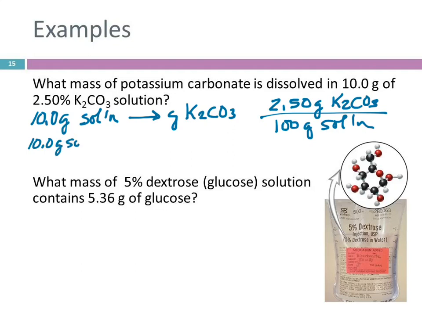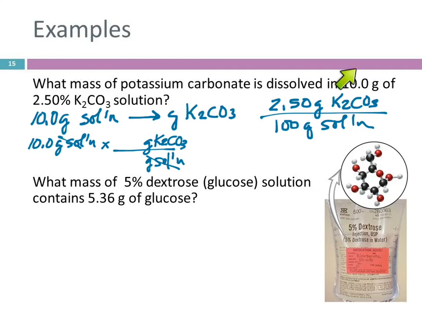So 10 grams of solution. It's important to write grams of what? Because all of these have grams. And if you don't write grams solution, grams solute, grams solvent, then you're not going to know if you get your units mixed up. So we want grams of potassium carbonate on top and grams of solution on the bottom. The units tell us that.